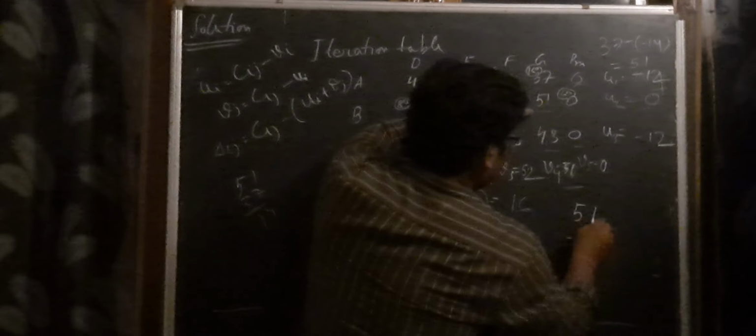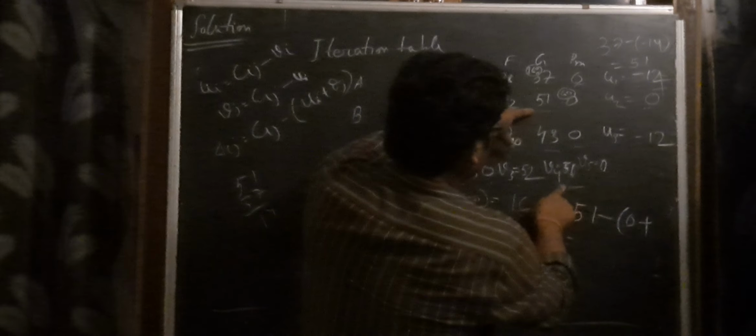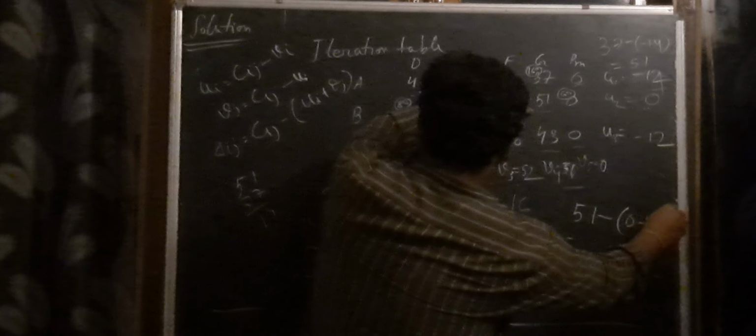So del 22 is equal to minus 1. Now del 24, this is 51, so 51 minus 0 plus 51, so del 24 is equal to 0.